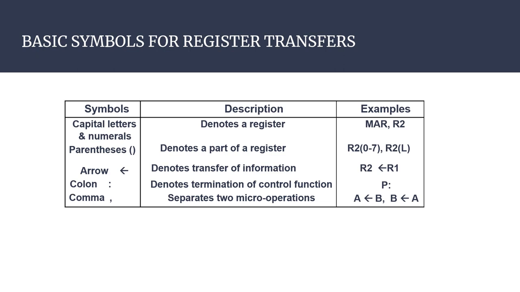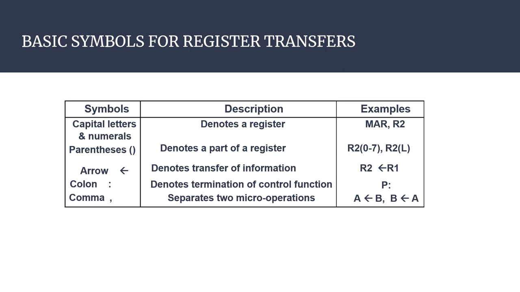So for this R2 register, we only want to use the bit number 0 to 7 and for this R2 register we want to use lower order bits, means whatever is the size of R2 register, exactly half of it from the right hand side will be used here as the lower order bits.